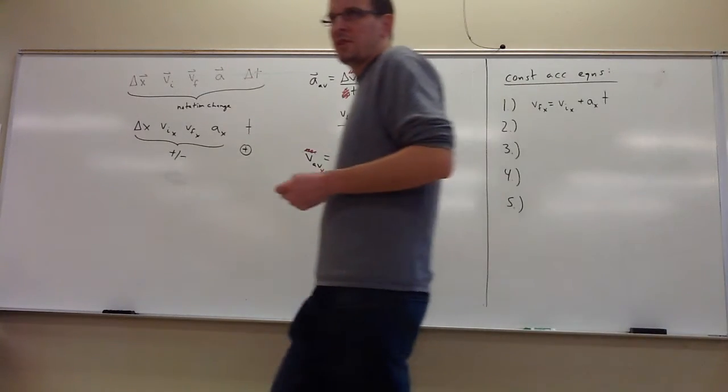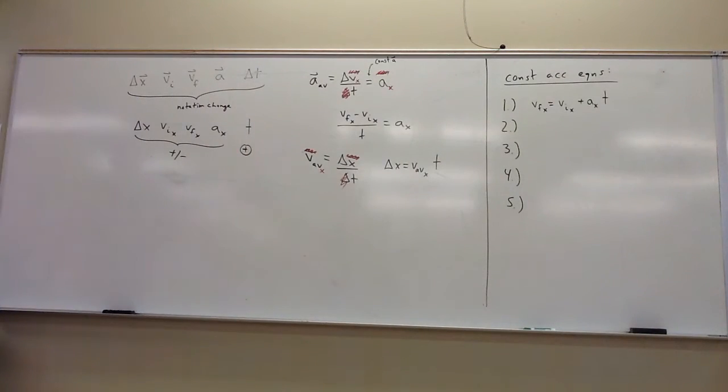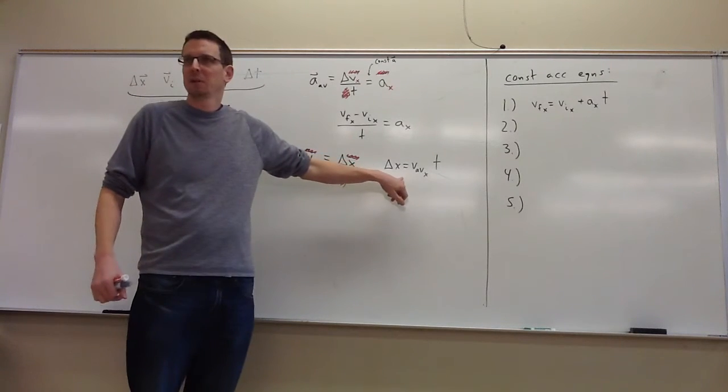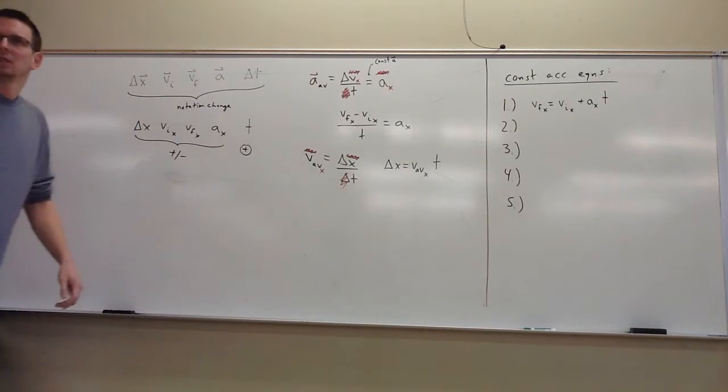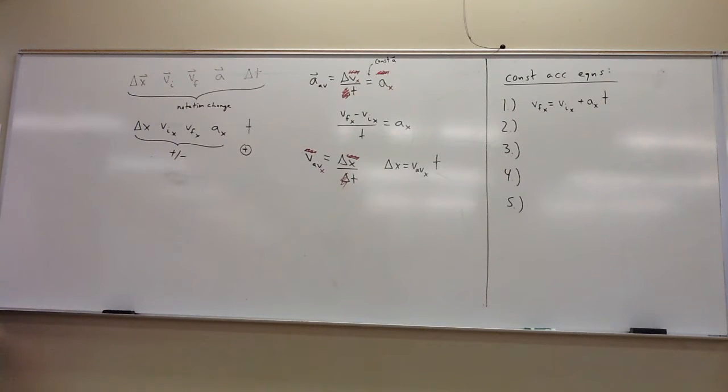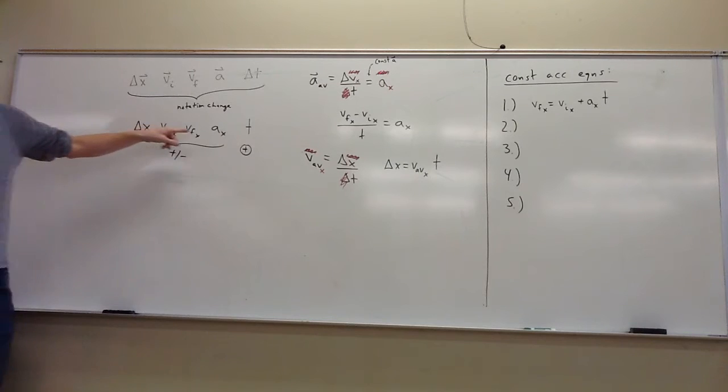There's only one problem with this equation. I'm not going to include it on the list just like this. What's the issue with this equation? Anybody, can anyone see it? Oh, this is my list.